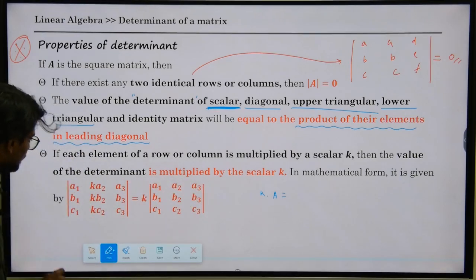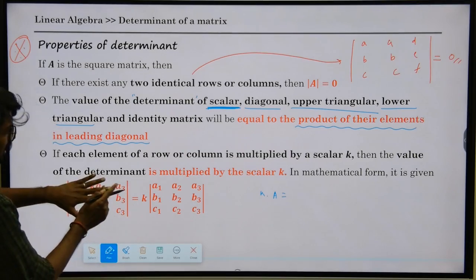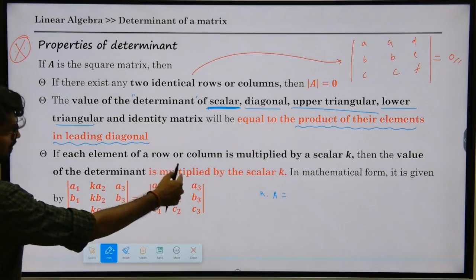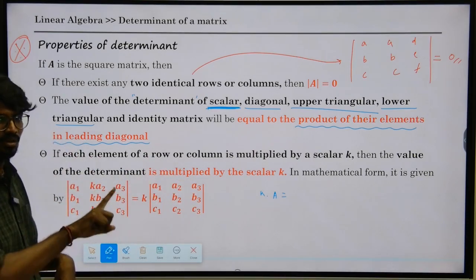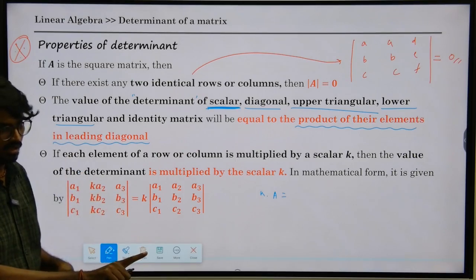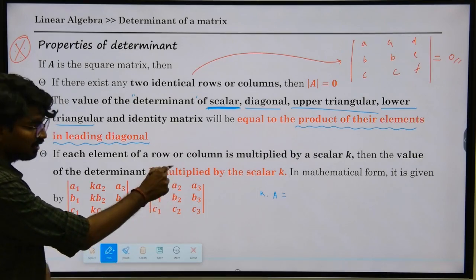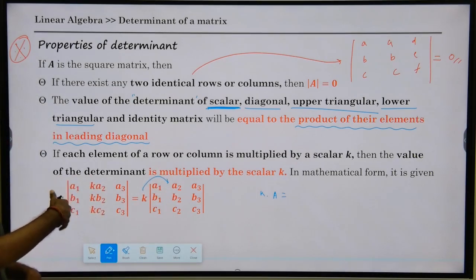But for a determinant, that is a small different case. I am just doing it in a reverse way. If I try to multiply a scalar with a determinant, I should multiply with one row or one column. In this case, k has been multiplied with only the second column, that is ka2, kb2, kc2.